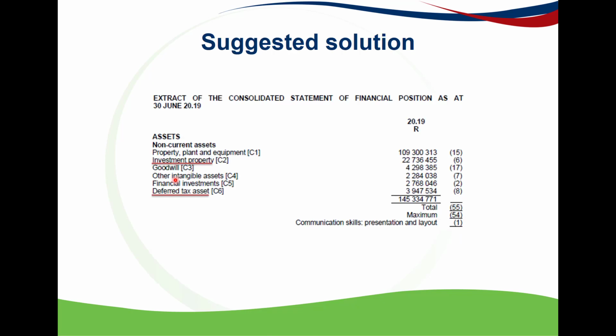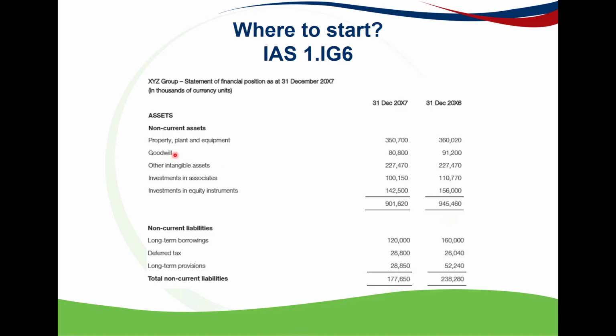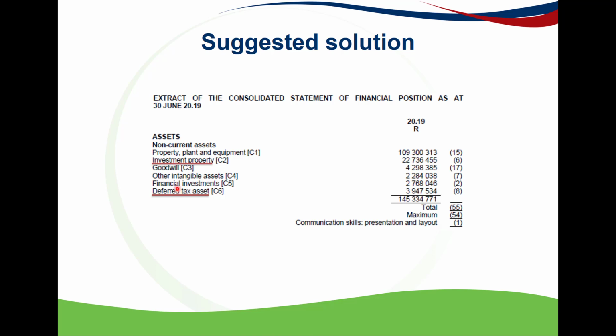If we then continue to what the solution looks like, you will see that, again, there's property, plant and equipment, goodwill, other intangible assets, investments in equity instruments. The 2 additional ones are investment property, which is added in our solution, so we've left the line open, and of course the deferred tax asset that's also recognized under non-current assets.